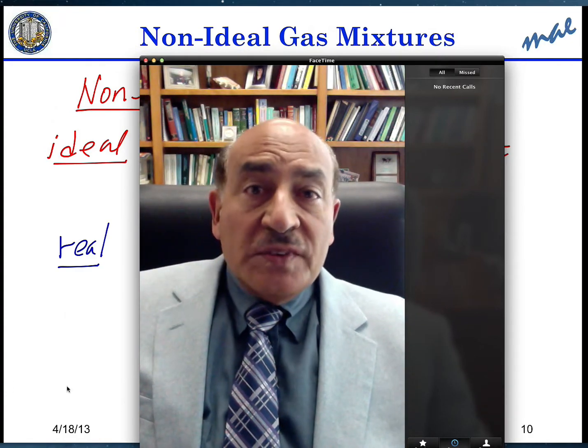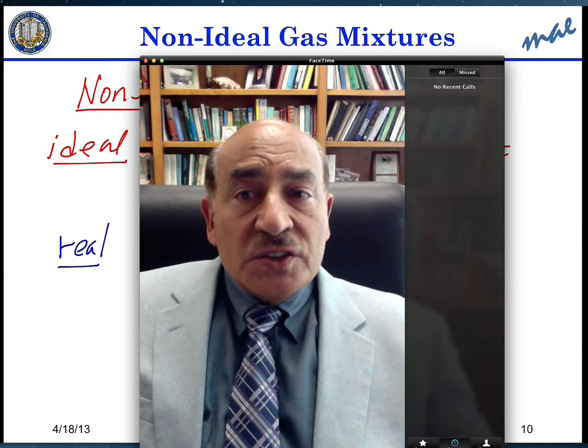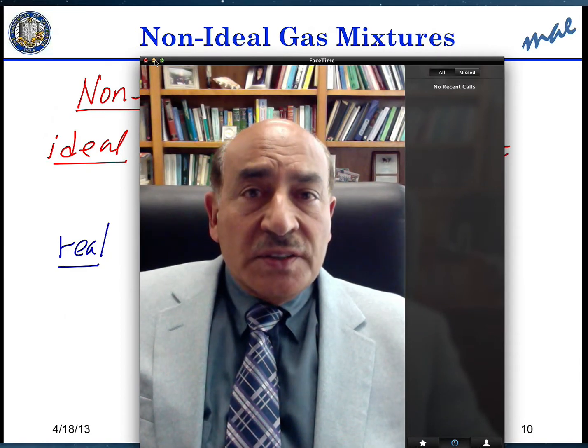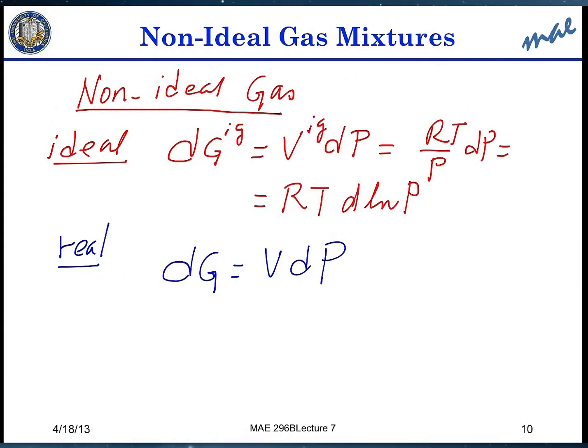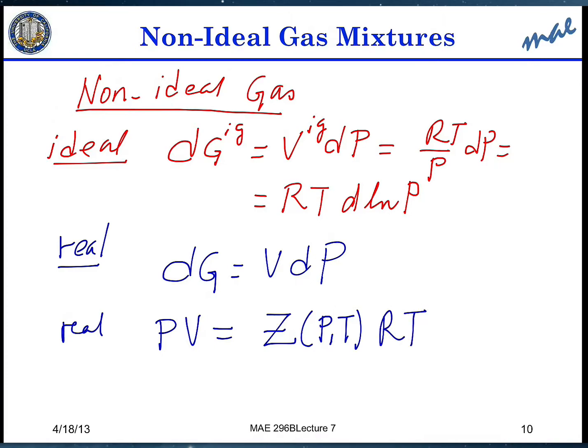Well, the equivalent is going to be defined in terms of a function called the compressibility of the gas. And here's how it looks. So in this case, for a real gas, I have P times V is equal to Z, which is generally a function of the pressure and the temperature, times RT for 1 mole.